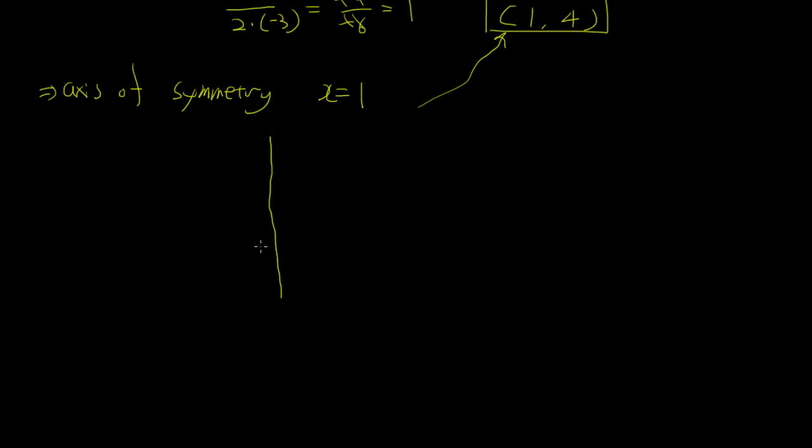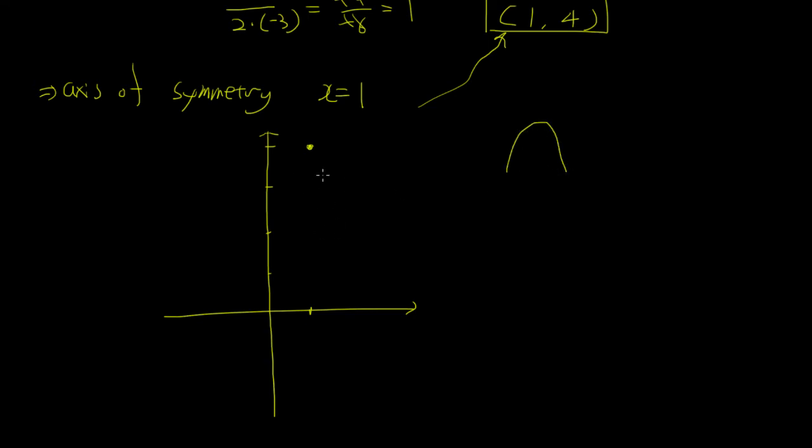So, I really don't like this line. Okay, that's a little better. X equal 1, y equal 1, 2, 3, 4. That's going to be the vertex point. We know that's going to be this shape.